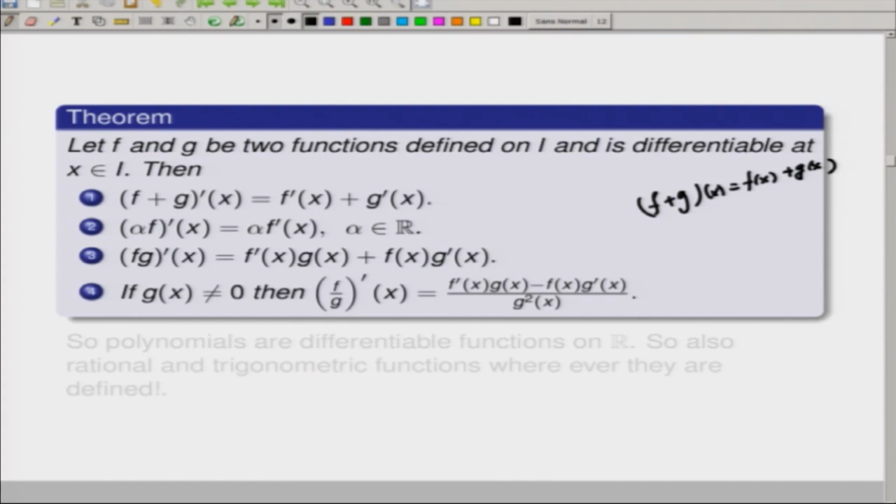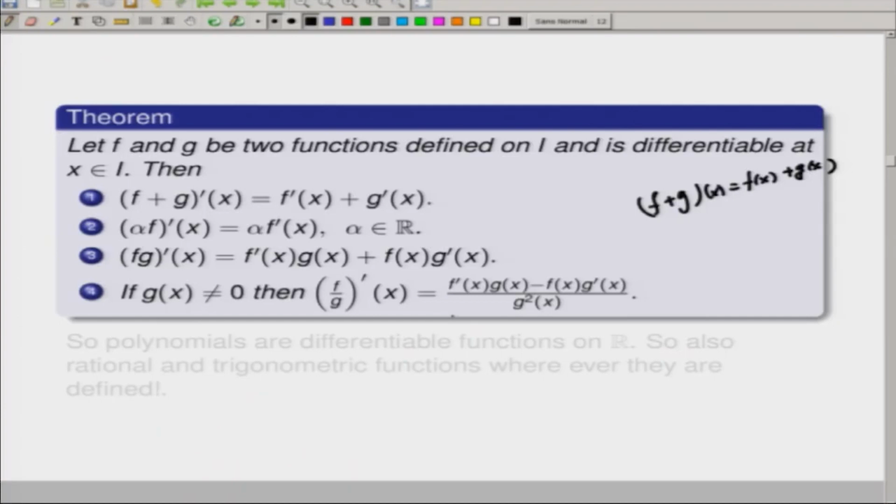And if both f and g are differentiable, then the product function f g is also differentiable, and its derivative is f prime of x into g of x plus f of x into g prime of x. That is, the derivative of the first into the second, plus the first function into the derivative of the second function. Interestingly also, if g of x is not equal to 0, then I can define f of x by g of x at that particular x.